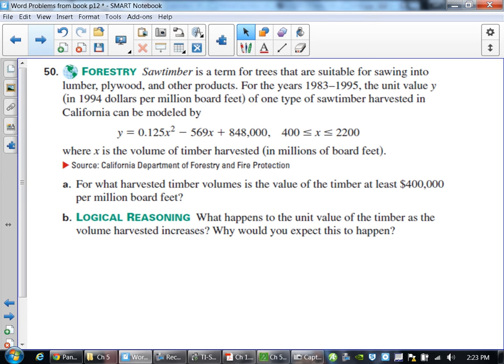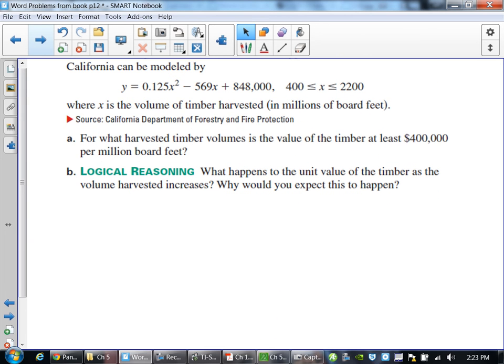The reason I say that is because in this problem, the question they ask you is, for what harvested timber volumes is the value of the timber at least 400,000?